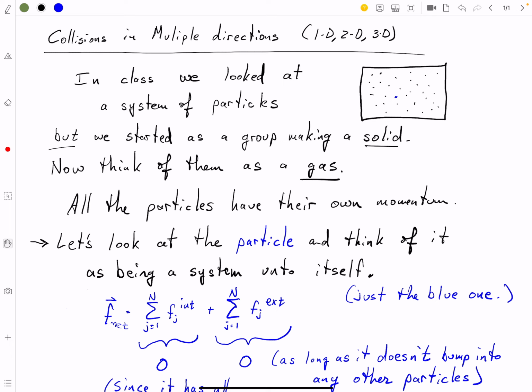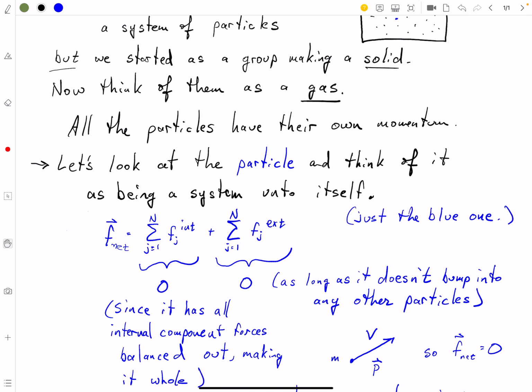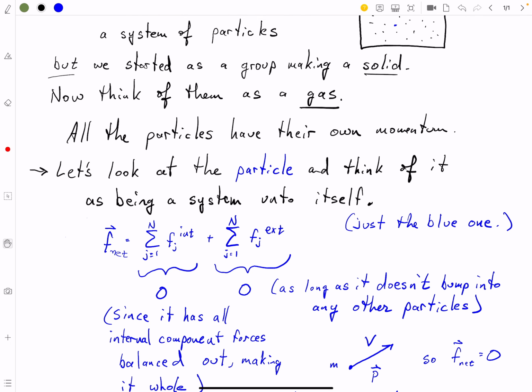So let's look at the blue particle and think of it as being a system unto itself. We're just going to focus on that one blue particle. And maybe it's a molecule, so it has atoms that it's made up of.